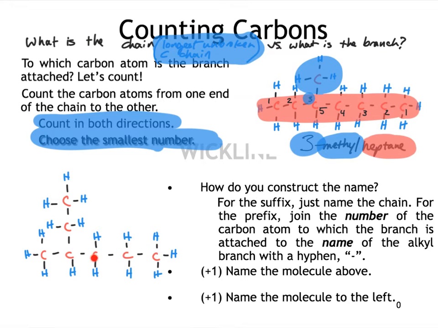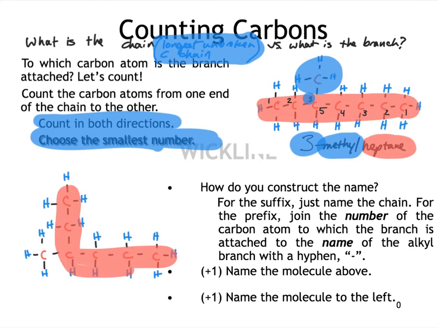This one has 1, 2, 3, 4, 5 carbons in it. So let's see if we can find a chain which has more than 5 carbons. I have actually found one. I found a chain that has 1, 2, 3, 4, 5, 6 carbons, which is the longest unbroken chain available. So let me highlight that in red.